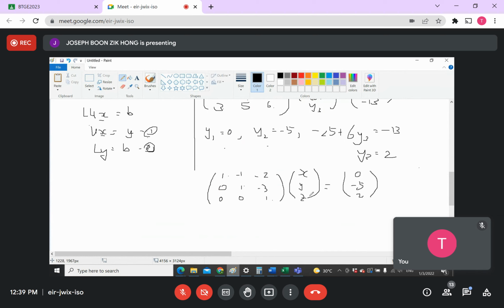So you can easily get 1z equal to 2. So z equal to 2. Next one: y minus 3z equal to -5. And then what is your z? 2. So 2 become -6. -6 you move here, so your y is 1.